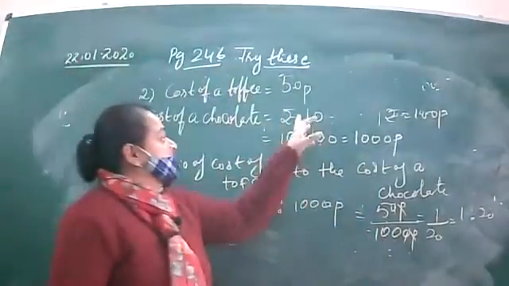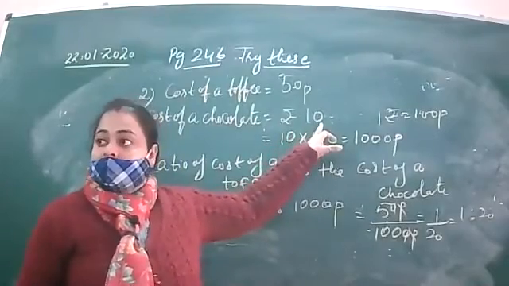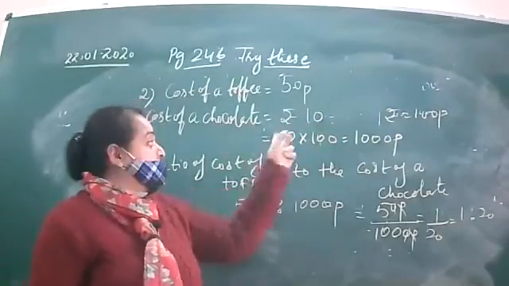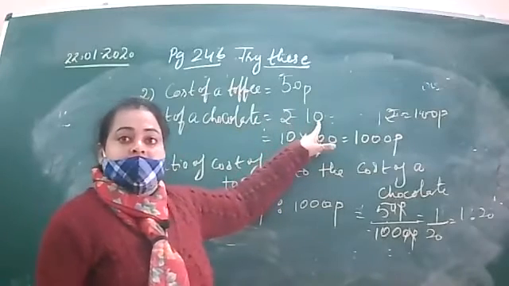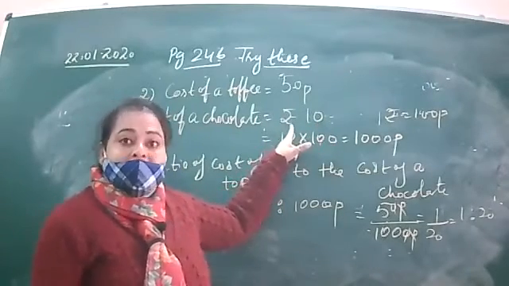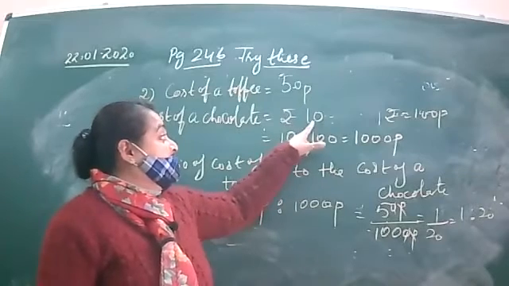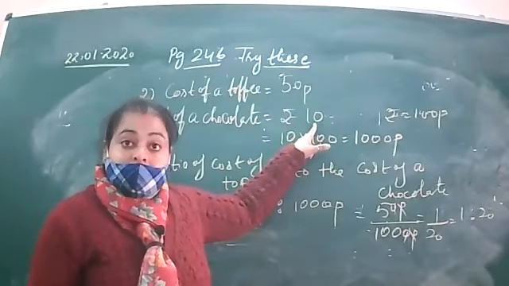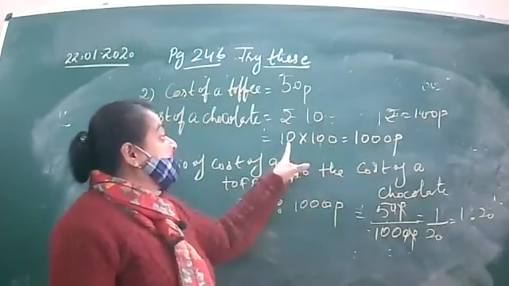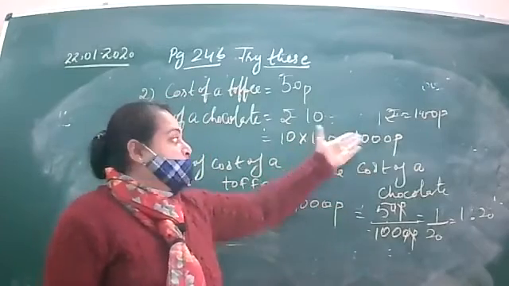Now, this is rupees 10. Look here. To change this rupees to paisa, you will multiply this 10 by 100. 10 multiplied by 100 will give you 1000.